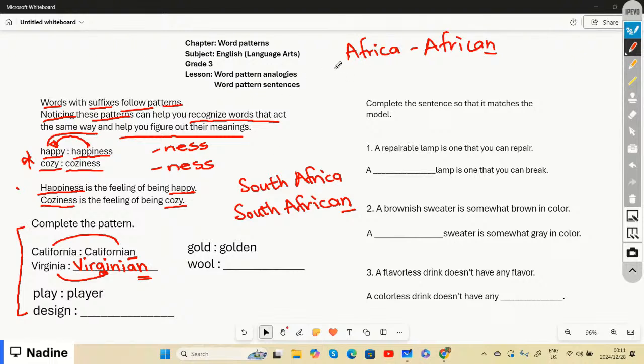You are from Canada. If you're from Canada, then that makes you what? If we were to add only the suffix and follow the word pattern.